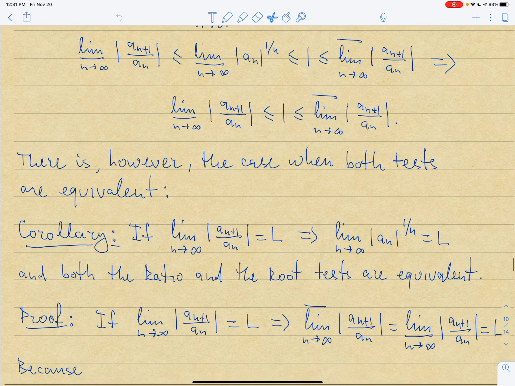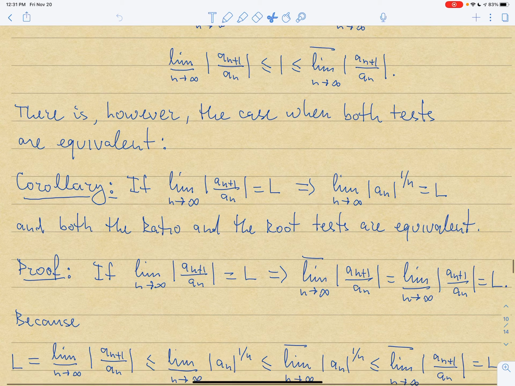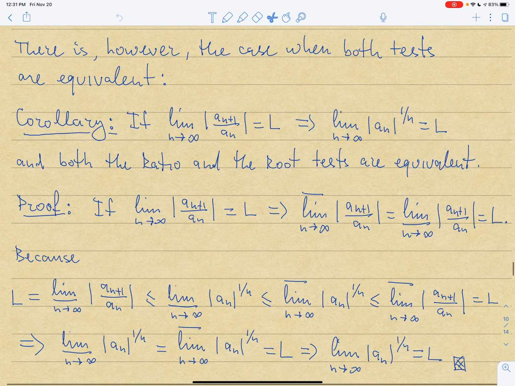Okay, so before I give you an example of what I just said, we are going to prove this corollary, which demonstrates that a lot of times, the root test and the ratio test are going to give you exactly the same set of predictions.